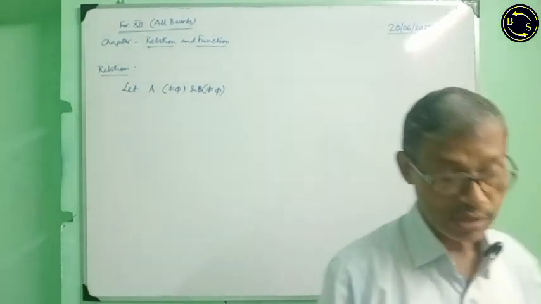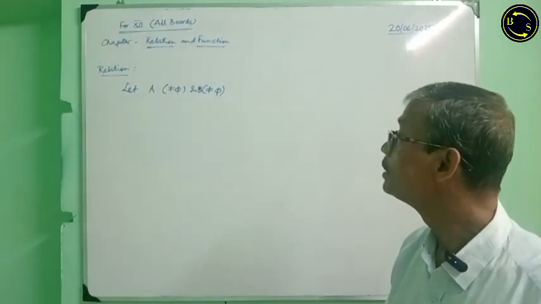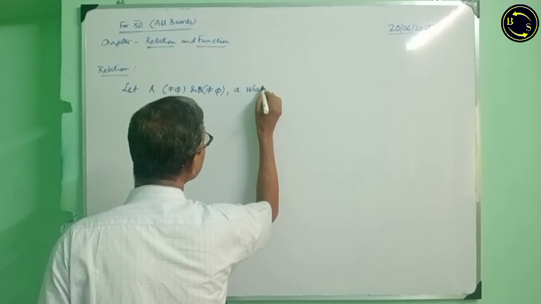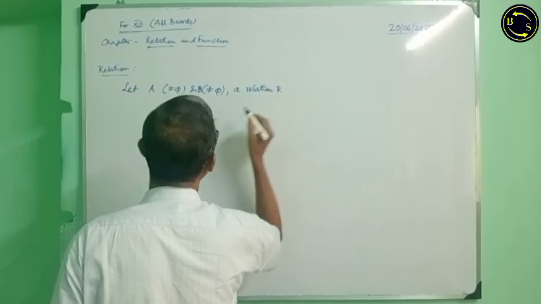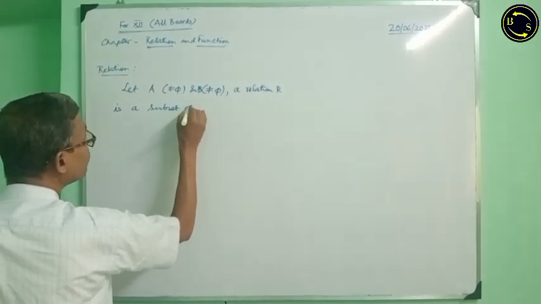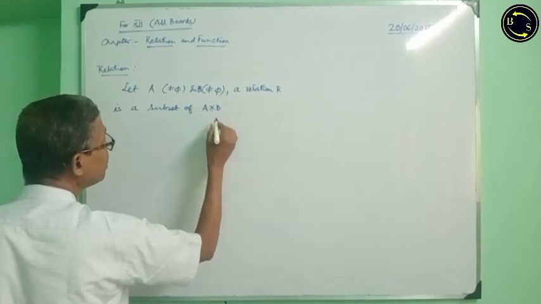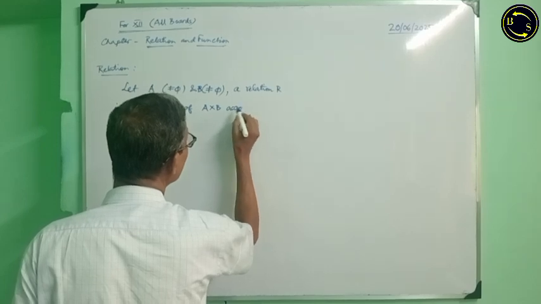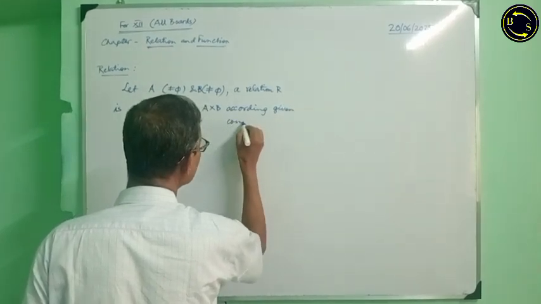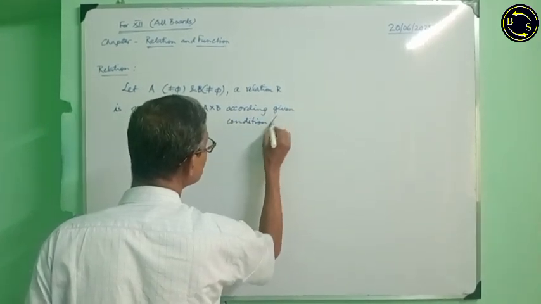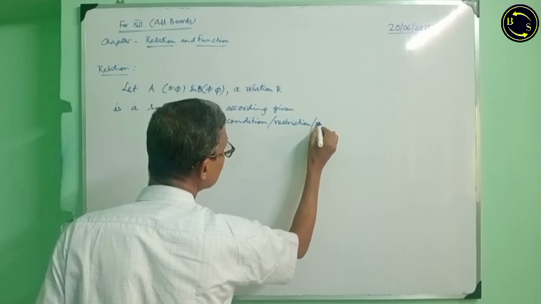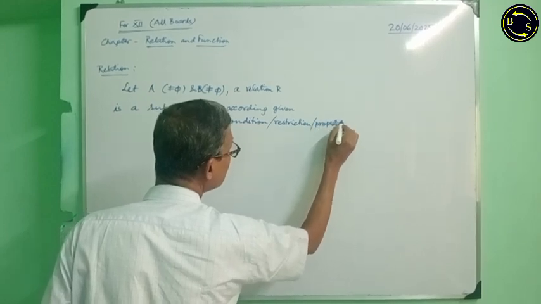Then a relation is defined as a subset of A cross B. A relation R is a subset of A cross B according to a given condition or restriction or property or law.